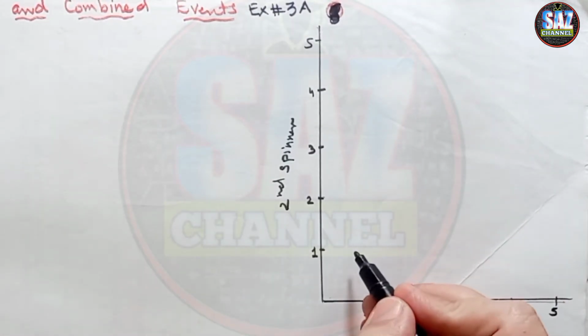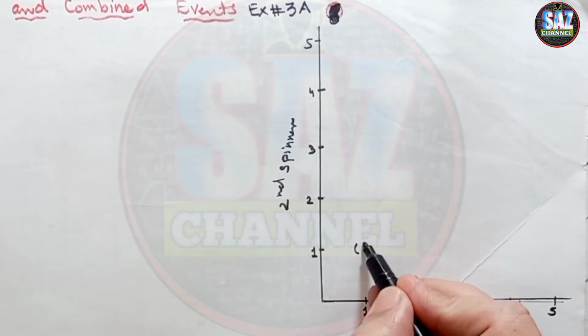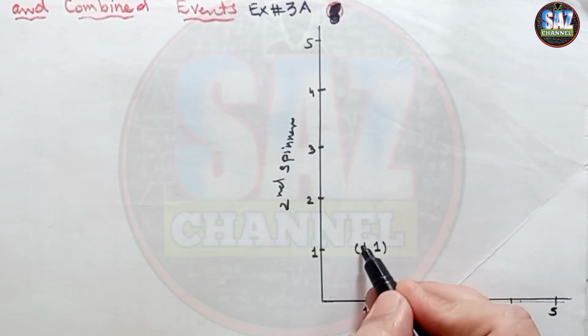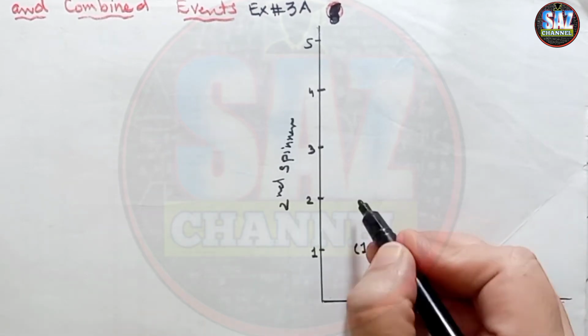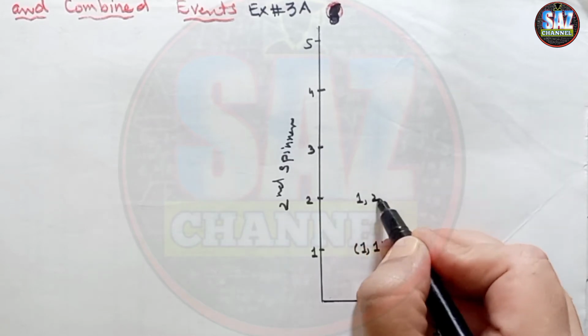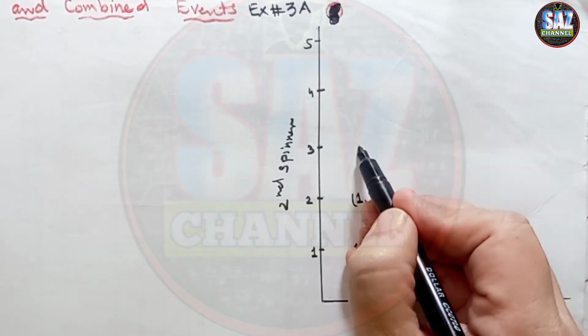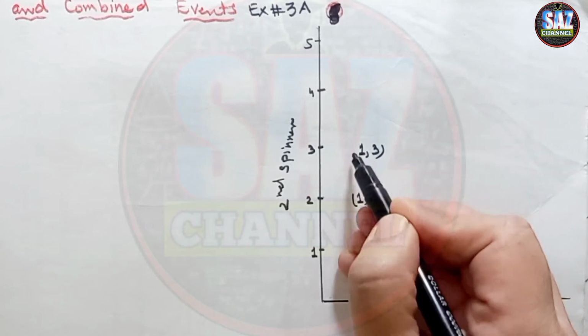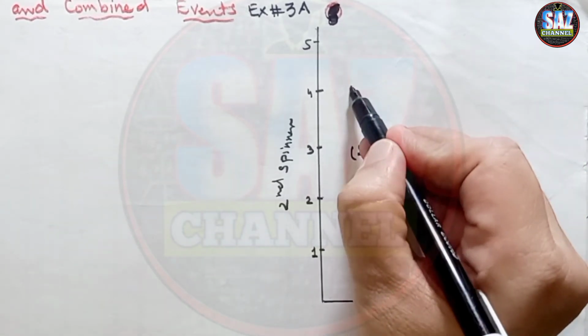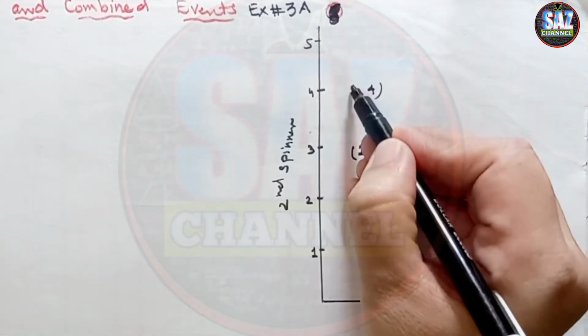Possible outcomes are 1 with 1, 1 with 2, 1 with 3, 1 with 4, and 1 with 5.